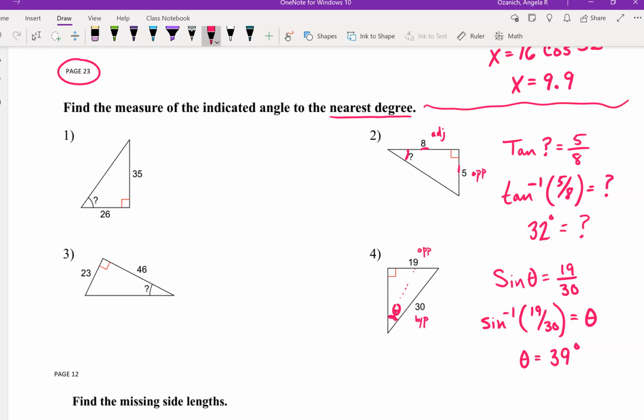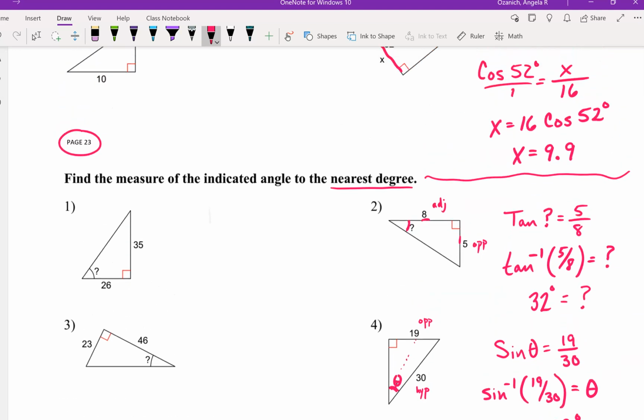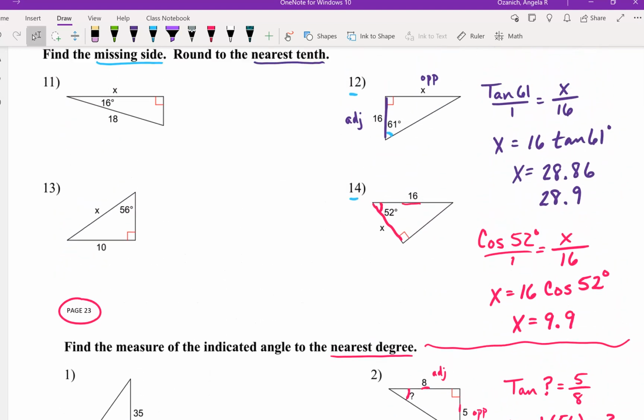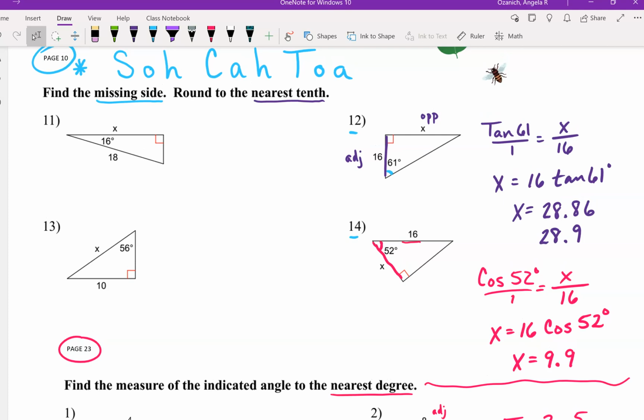So far, let's just do a little recap. I'm going to scroll you back right here, okay? In this case, where we're using the sine, cosine, and tangent buttons, this is when we know the angle and we're trying to find a missing side.